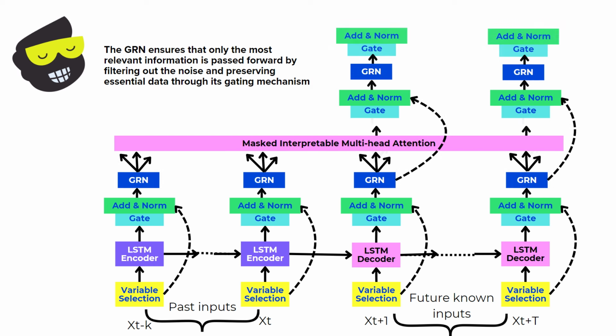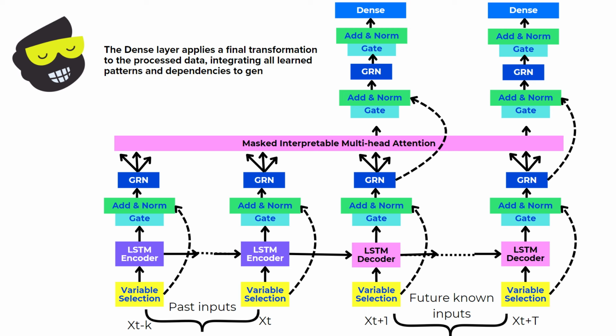And this refined output then moves on to the subsequent add and norm gate, continuing the cycle of processing and refinement throughout the model. Now, let's talk about the final stage of the TFT model architecture, the dense layer and quantile forecasts.